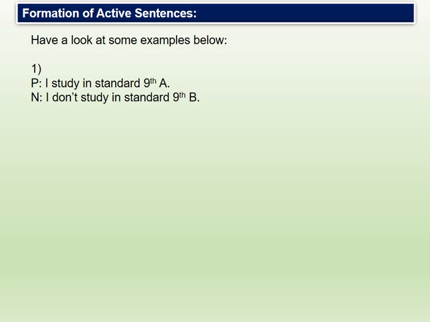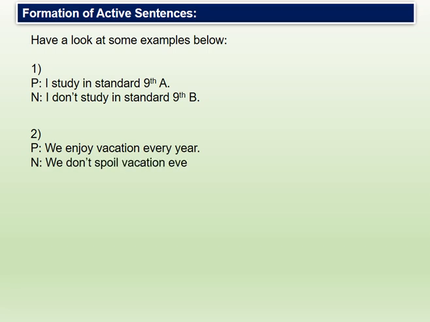We cannot simultaneously use positive and negative sentences both together, right? So that's why I have written negative sentences in such a way that it does not change the meaning of the positive sentence.